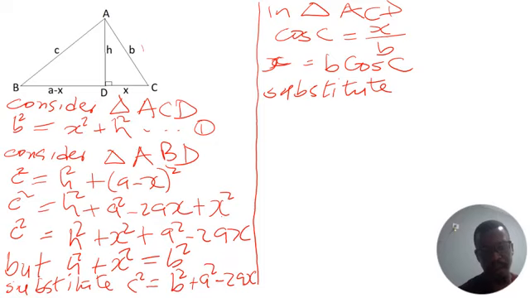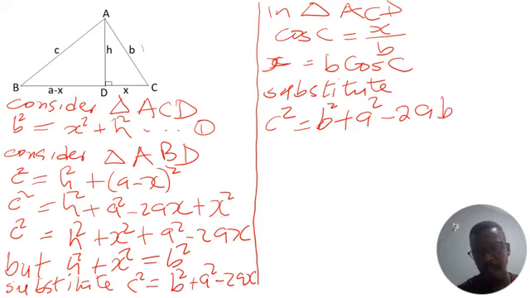So if we substitute, we will find that c squared will be equal to b squared plus a squared minus 2a, in this case b cos c.